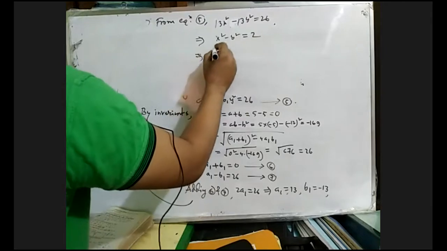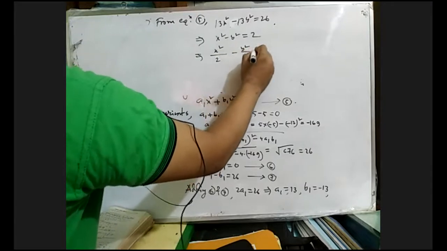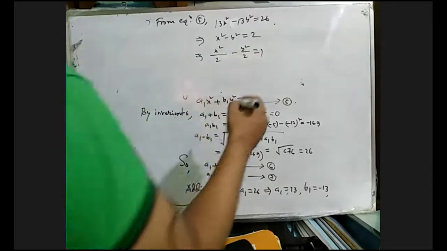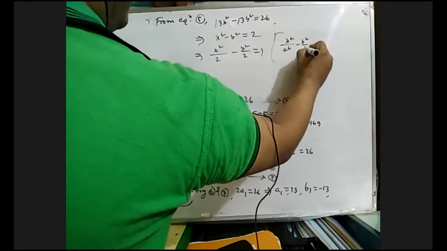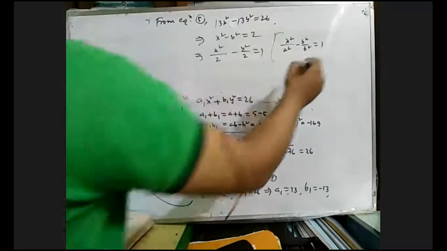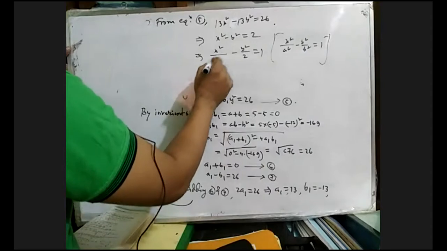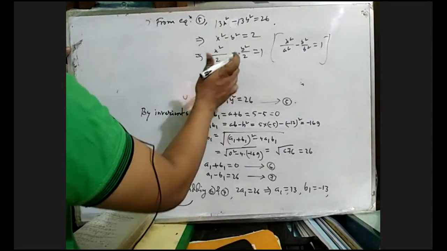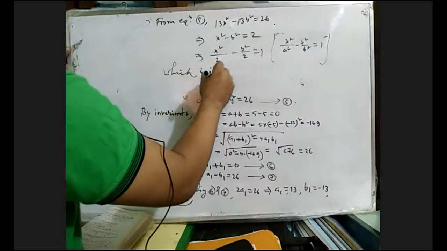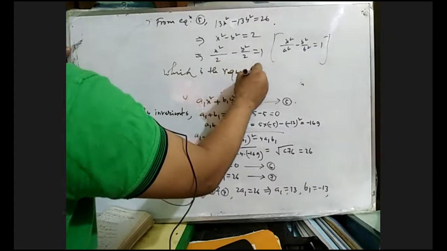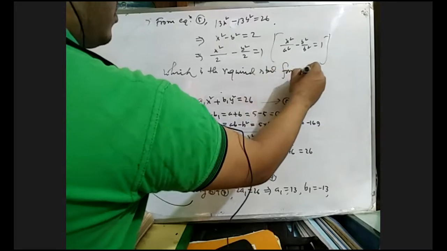So we can write as a standard form, x square by 2 minus y square by 2 equals to 1. Okay, x square by a square minus y square by b square equals to 1. This is the standard form of what, hyperbola. So this is the required standard form of hyperbola.